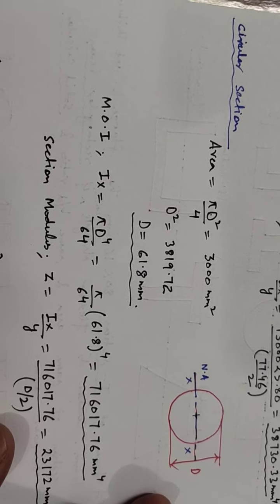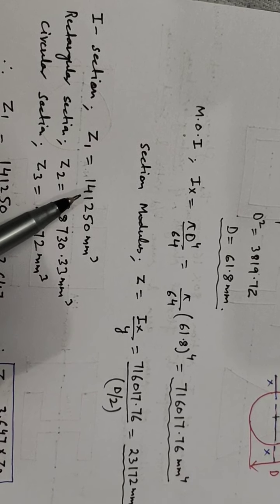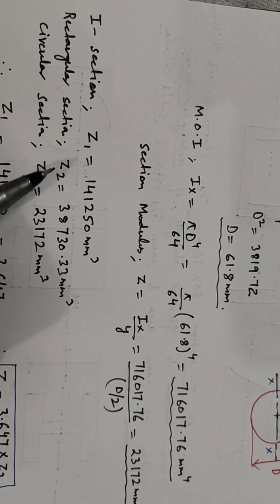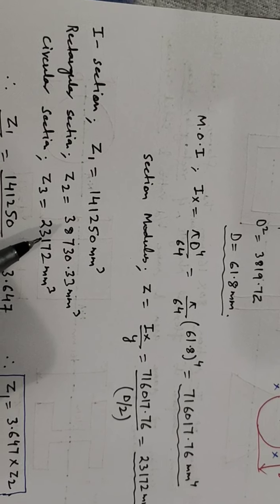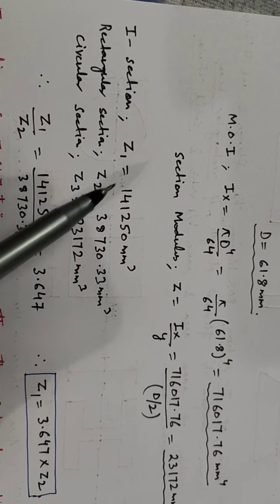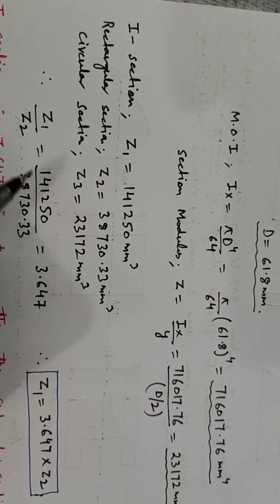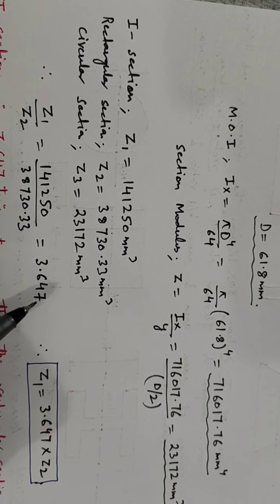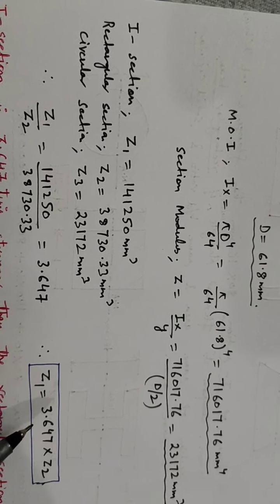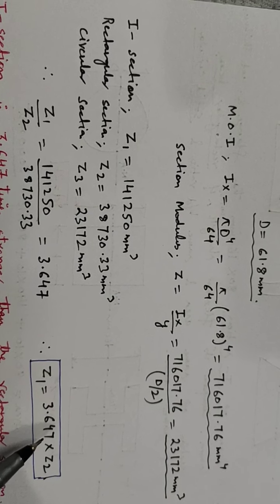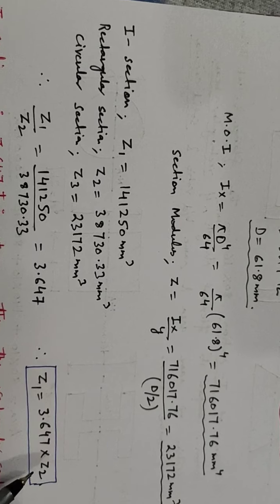So which means that for the same area, the section modulus for I section was 1,41,250, rectangular section 38 thousand, and circular section 23,000. If we take the ratio of Z1 by Z2, that is I section upon rectangular section, it is 3.647, which means for this case, your I section is 3.647 times stronger as compared to rectangular section for the same area.